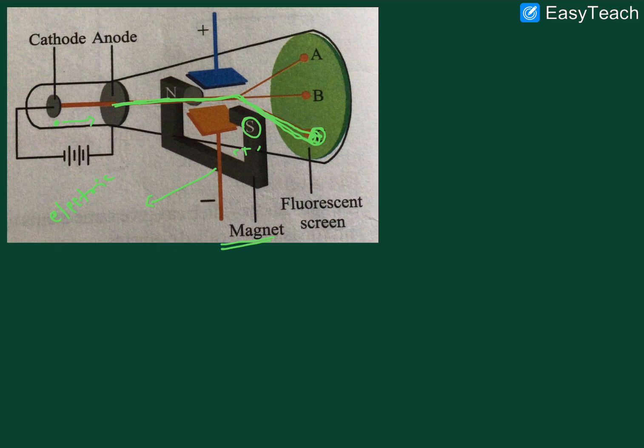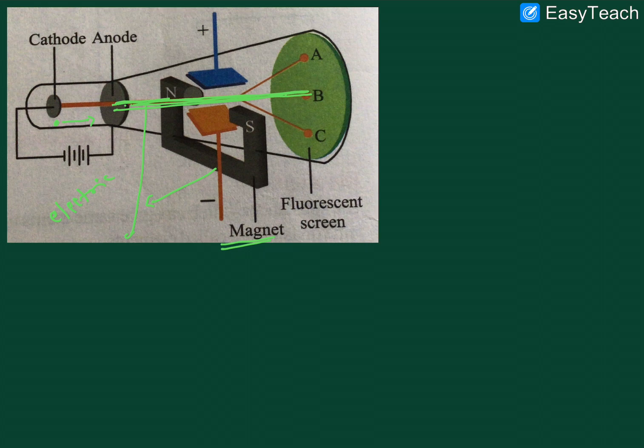That means the cathode rays have a negative charge. Now remove both fields, the electric field and the magnetic field; the rays travel straight, with no deflection. I hope it is clear.